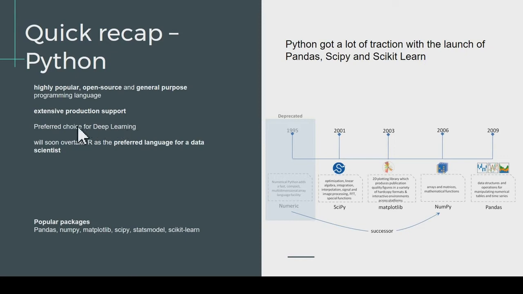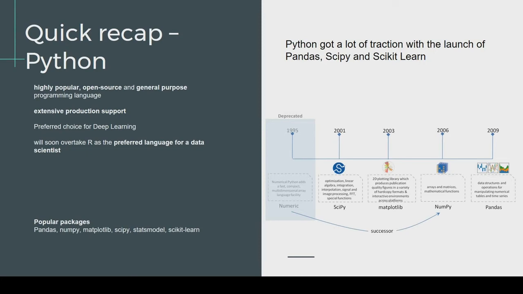It's the preferred choice for deep learning today. If you look at the deep learning environment, we'll get into the details of deep learning in the later modules, but as of now, you can understand it's a relatively new field within artificial intelligence. For deep learning, we have a variety of frameworks or packages ready-made.